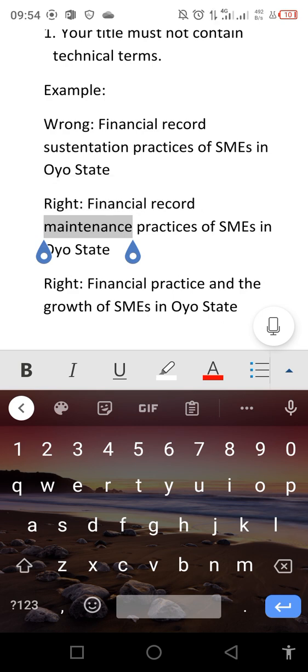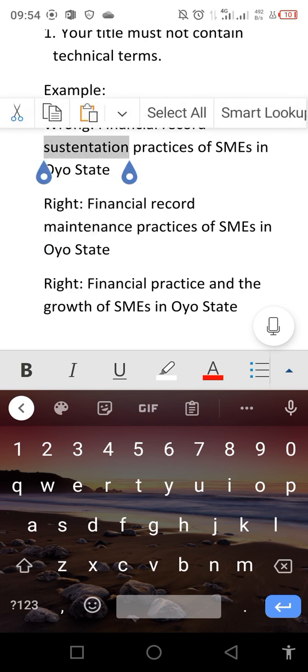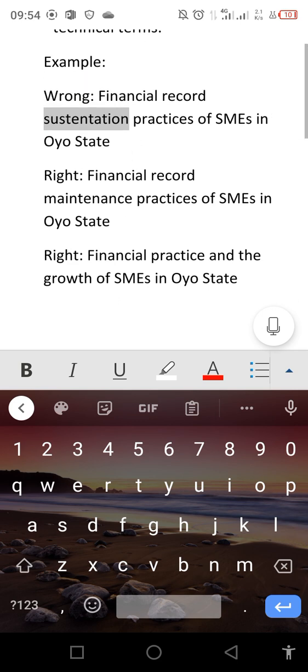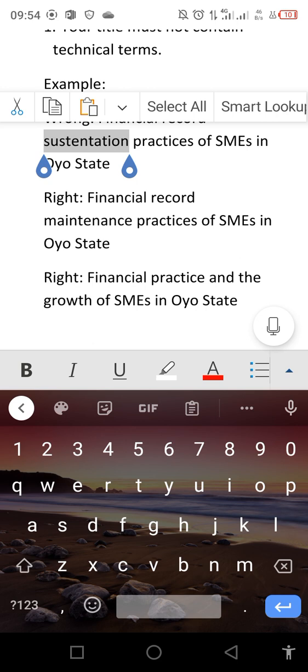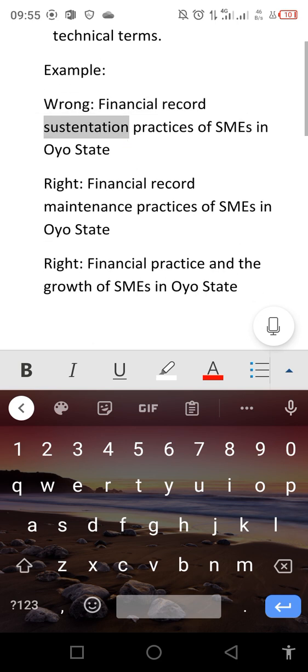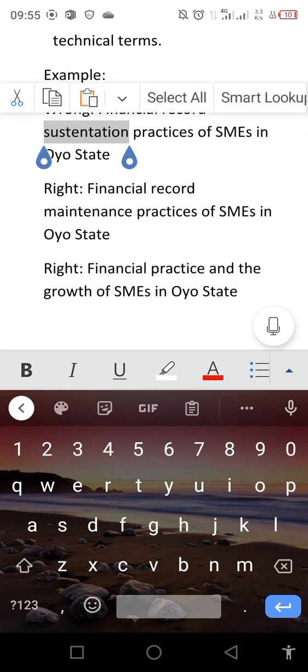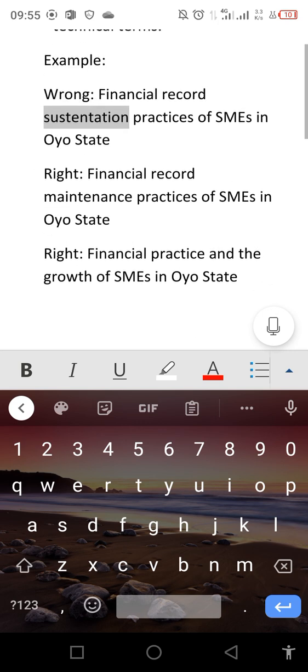But if my supervisor or people that want to read my article see the word sustentation, they might not understand what I am trying to say.